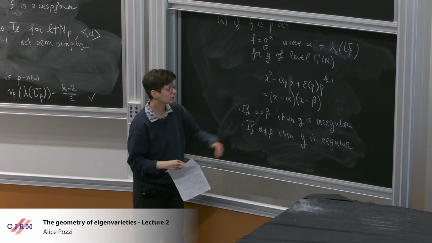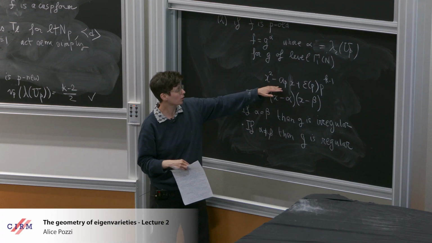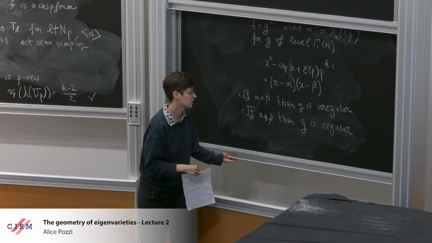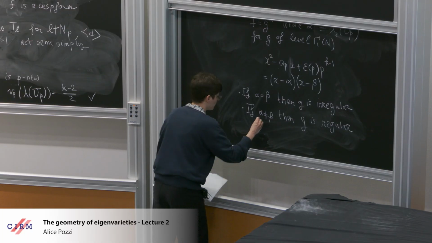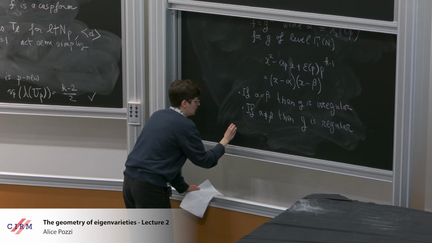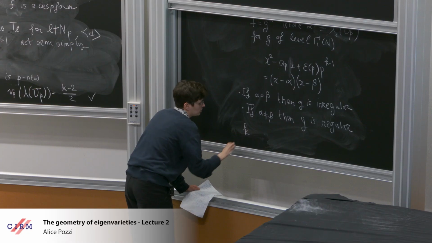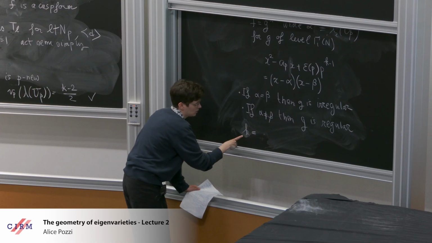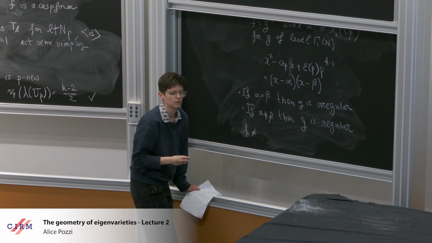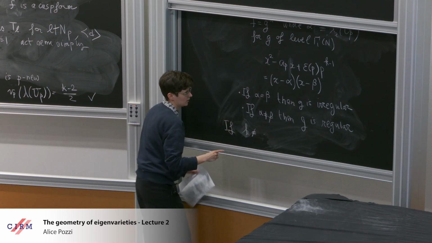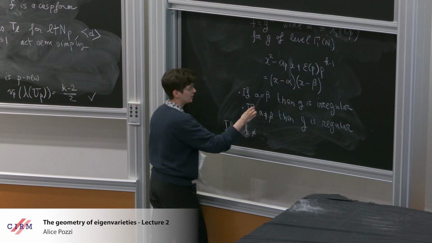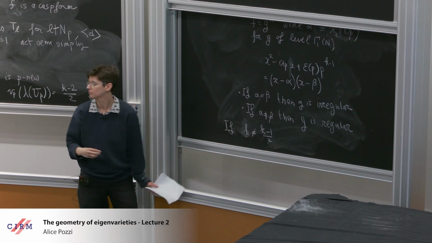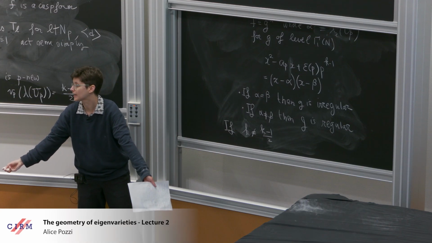How can I make sure that UP acts semi-simply? To guarantee this condition without worrying too much about it, I can fix a slope that is not what it would be if I had a repeated root, k minus 1 over 2. Then inevitably I'm in the regular setting.